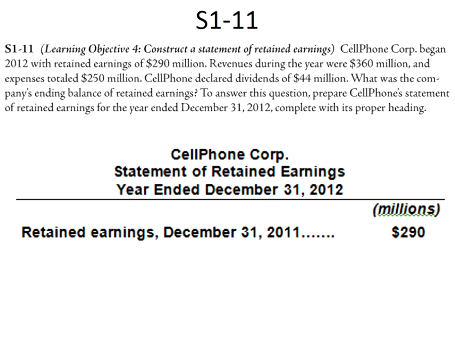If we end retained earnings on December 31st with $290 million, that's what we start the following year with. So the very first line of the exercise says they began 2012 with retained earnings of $290 million. So the very first line of the retained earnings statement is beginning retained earnings, $290 million.